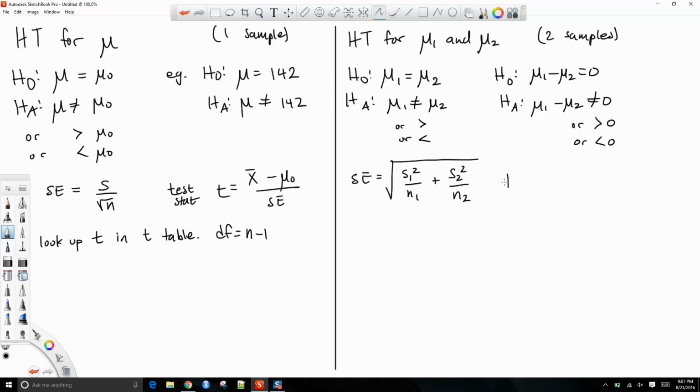And then your test statistic t is the difference between your sample means, x bar 1 minus x bar 2, divided by the standard error. Again, we're going to look this up. Look up t in the t table. Degrees of freedom is equal to n minus 1.